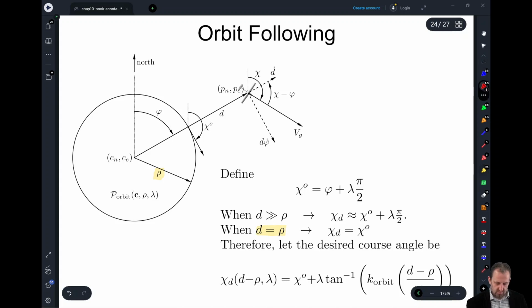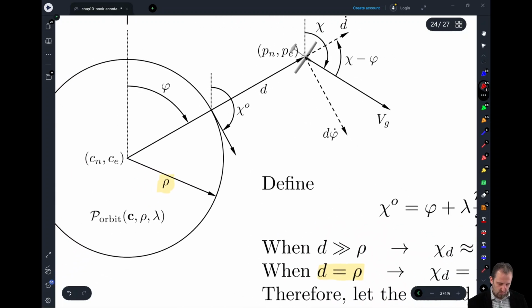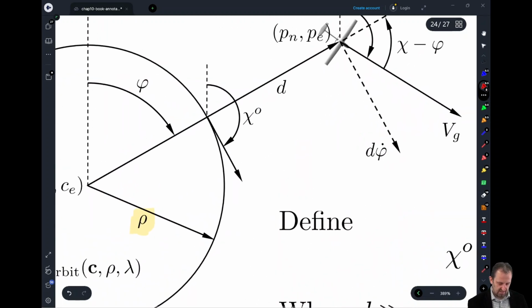So if d is equal to rho, we know what our desired heading is, right? That's the desired course angle when d is equal to rho.